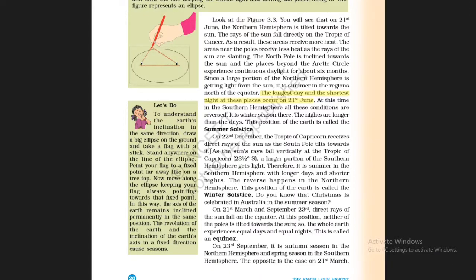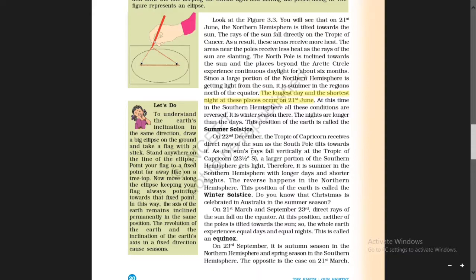The Tropic of Capricorn means the parallel of latitude that is 23 degrees 26 minutes south of the equator.